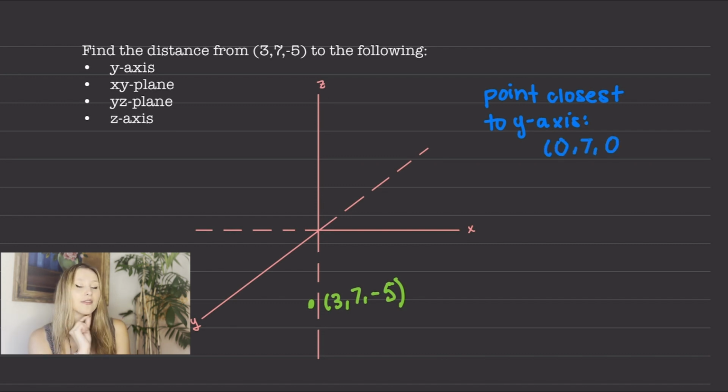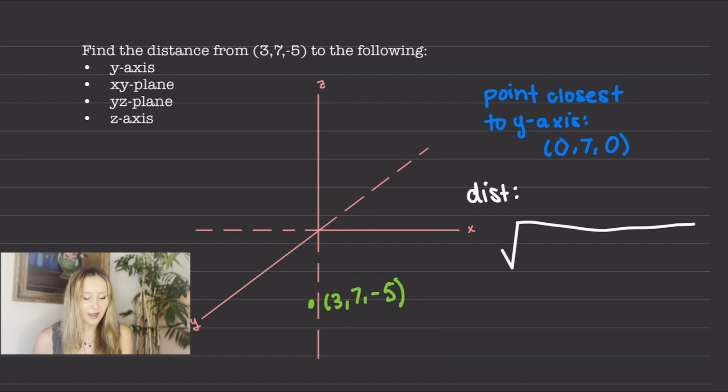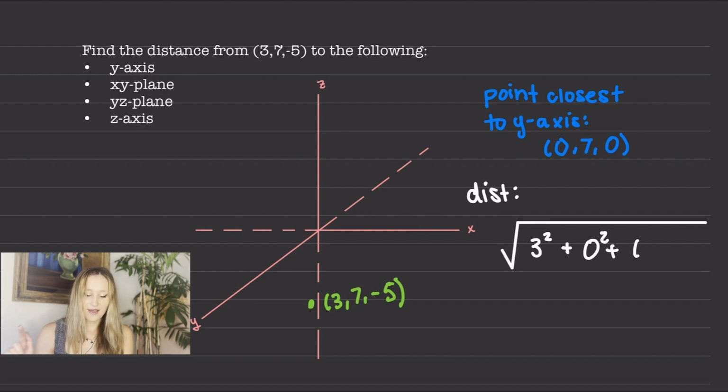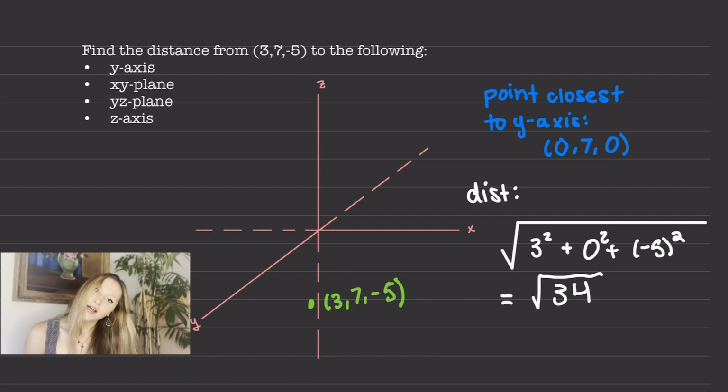That point is (0, 7, 0). We're going to use that formula: (3 - 0) squared plus (7 - 7) squared plus (-5 - 0) squared, take the square root, and we get the square root of 34, which is the same solution that we got in the last problem.